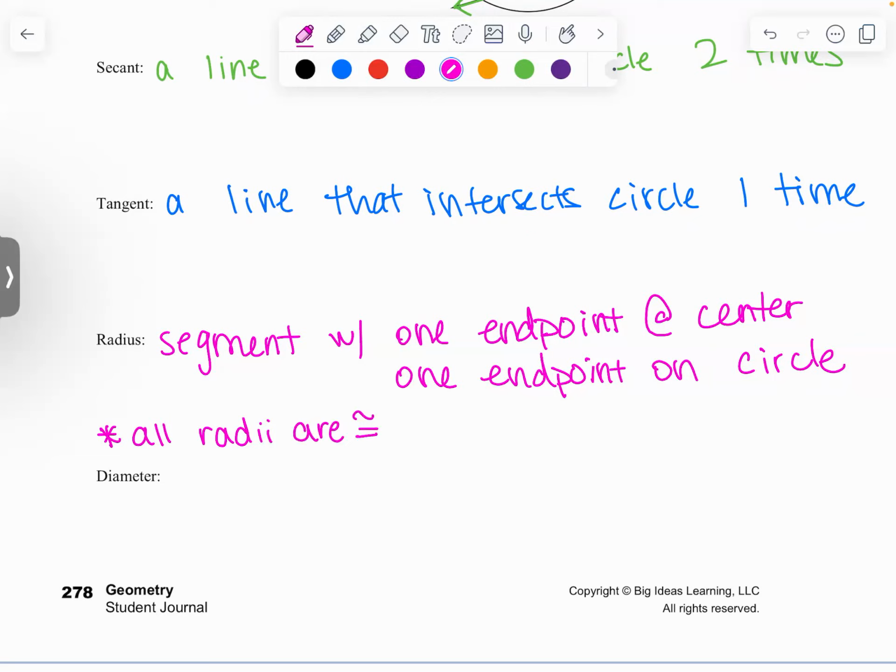In a circle, every single radius, this is true, we'll get there, all the radii are going to be the same. So no matter which radius you draw, all the radii have the same length. So 1 radius, more than 1 radii, that's the plural, kind of like cactus, cacti. Okay.